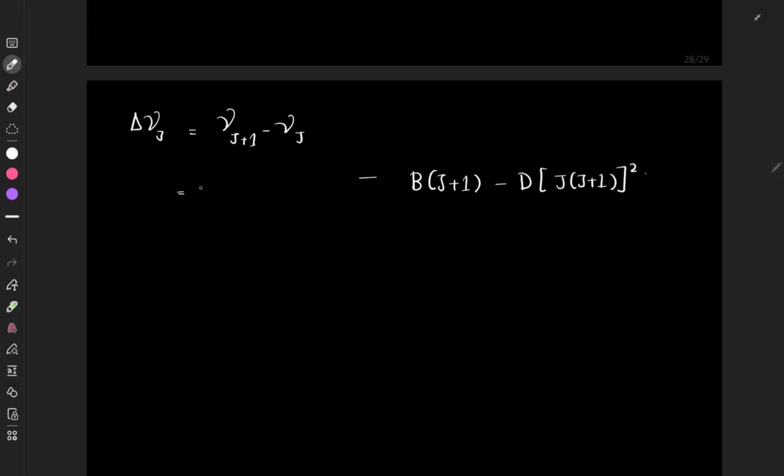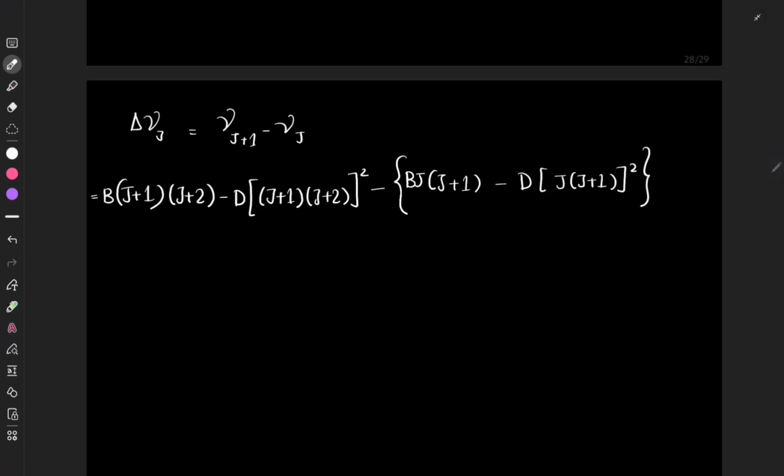So this one is B j plus 1 j plus 2, minus D j plus 1 j plus 2 the whole square, and there is this minus here.